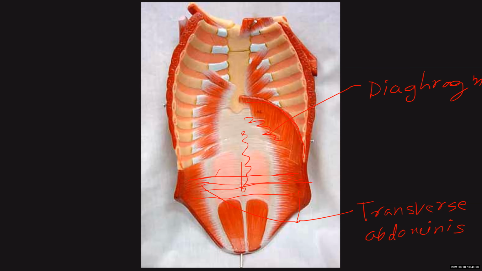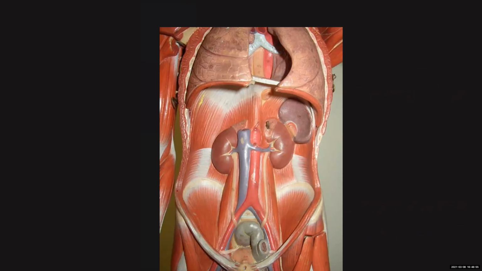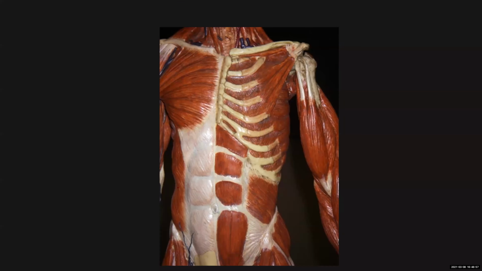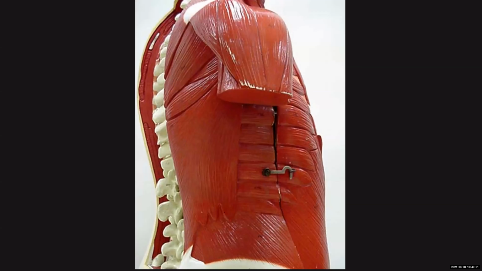Okay. So make sure you identify the muscles that are visible in the rest of the images. So I just want to show this. You can see the serratus anterior rather clearly. And what we're looking at here, and this too, is external oblique.